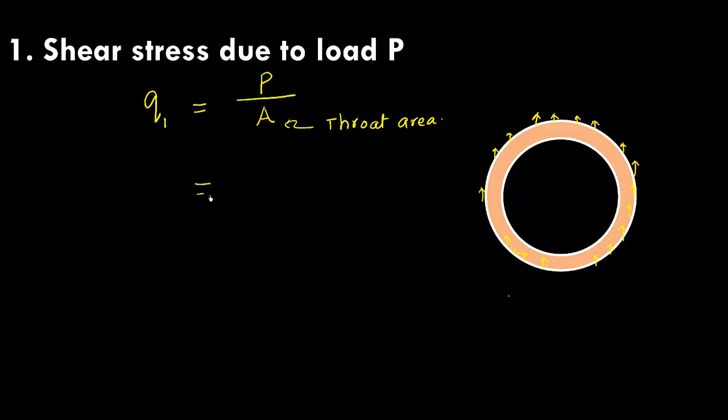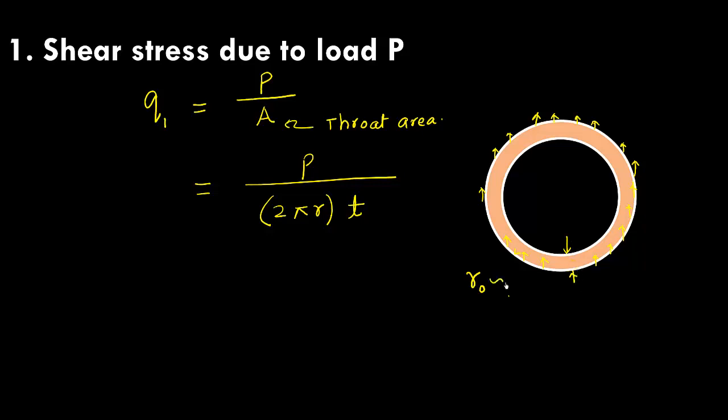So we can write P divided by length is nothing but 2 pi r and throat thickness is T. And in this case R is basically the outer radius, that is RO. But in our case this thickness is very small, that is only 2 mm.